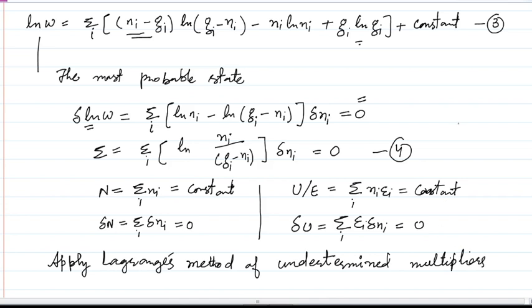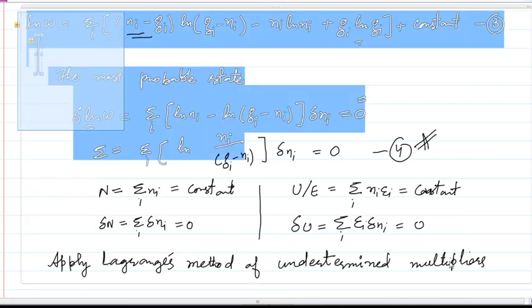We have basically got this equation number 4. What we will simply do is add these multipliers, alpha and beta, as we have been doing in previous lectures also.